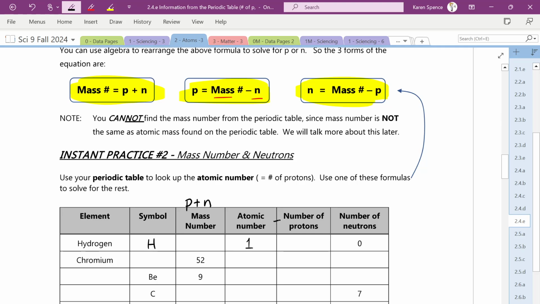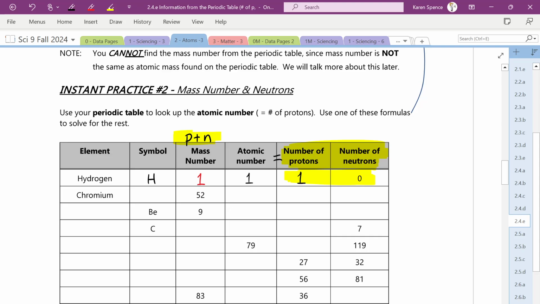So how many protons does hydrogen have? 1. Now if I have the number of protons and the number of neutrons, that is going to give me my mass number. Yes? So 1 plus 0 equals 1.